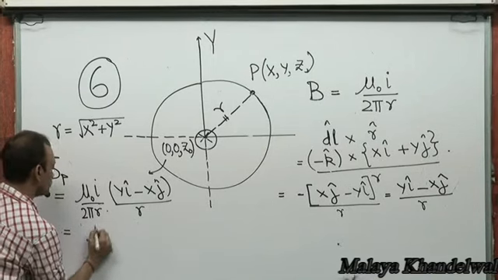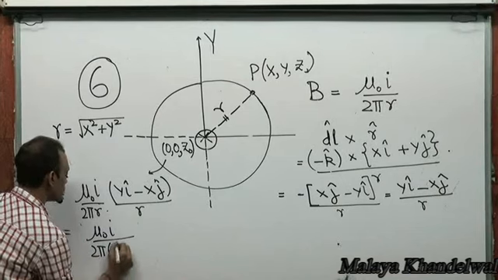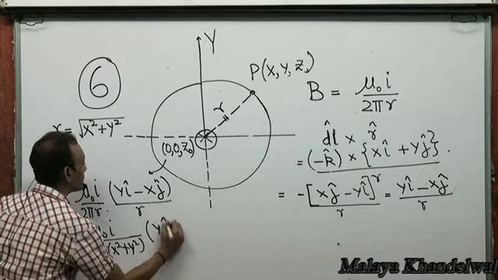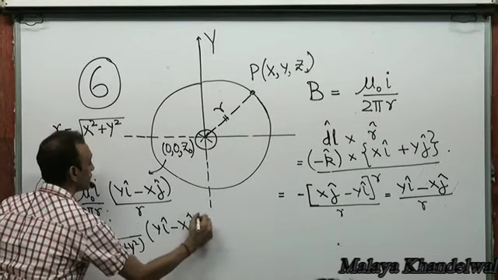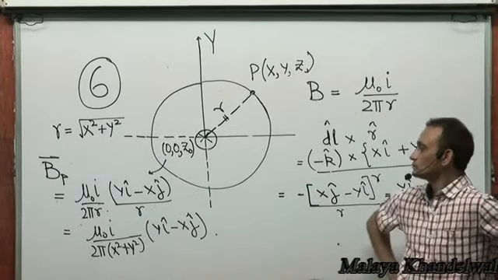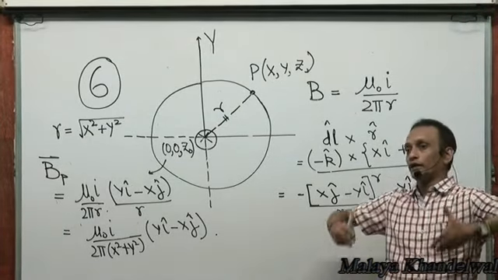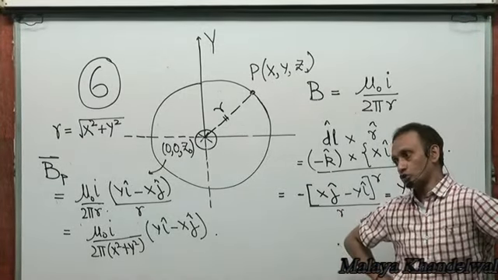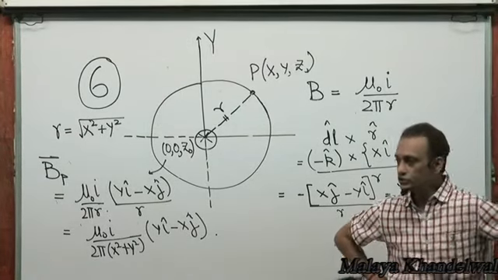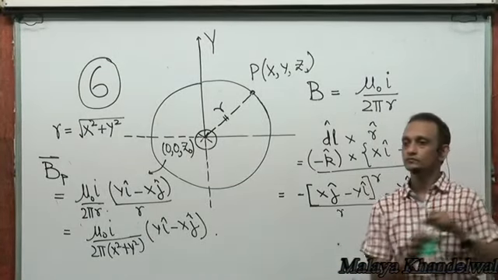So this is like mu naught I divided by 2 pi times x square plus y squared, times y i cap minus x j cap. That's the magnetic field vector at P in general, at any x, y in a plane z equal to constant. Right? All's good?